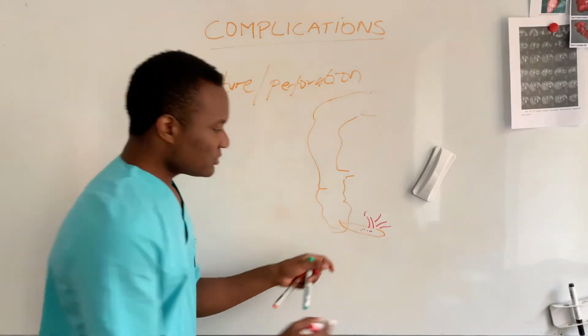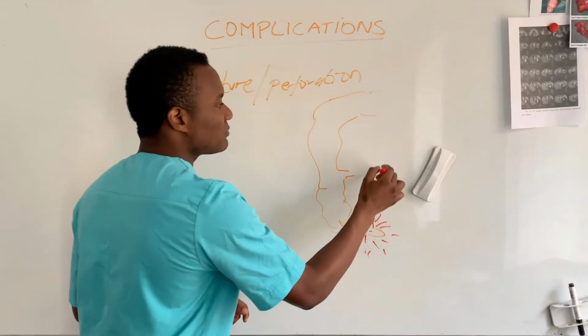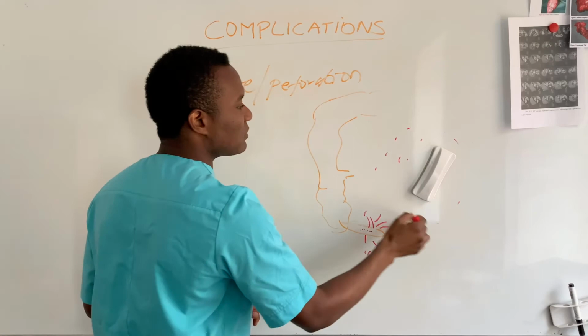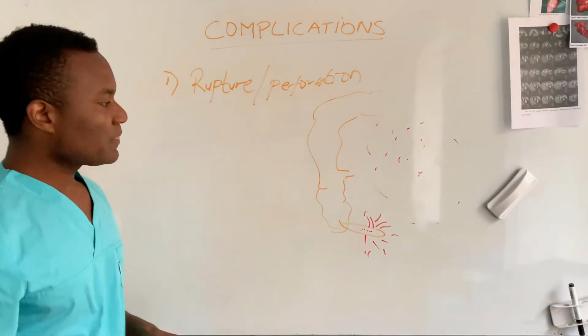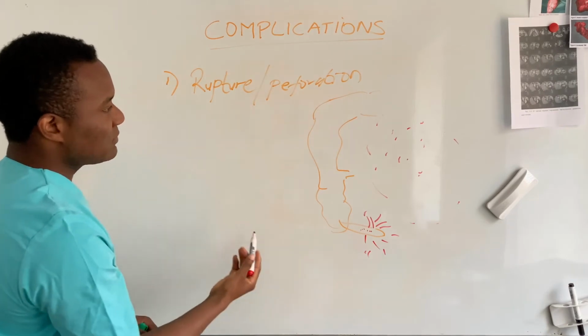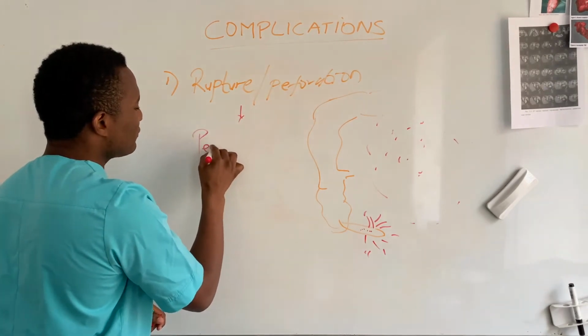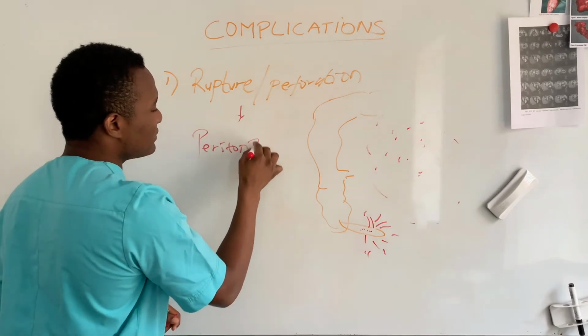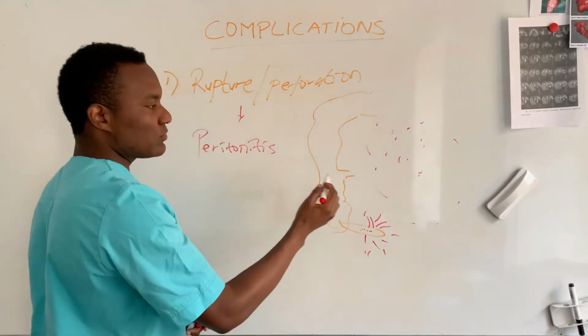And when it ruptures, its contents will spread all over the abdominal cavity. And this will lead to a clinical state called peritonitis.